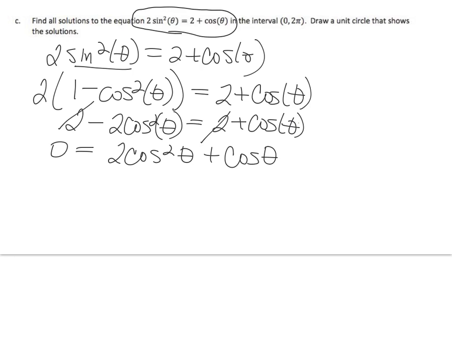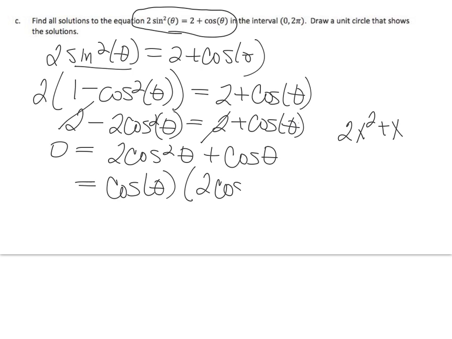So now we have something that looks almost like this: 2x squared plus x. What are we going to factor out? Well, I can factor out an x, or in our case, a cosine. Cosine theta times 2 cosine theta plus 1 equals 0. I'm just going to relate it back to this one.